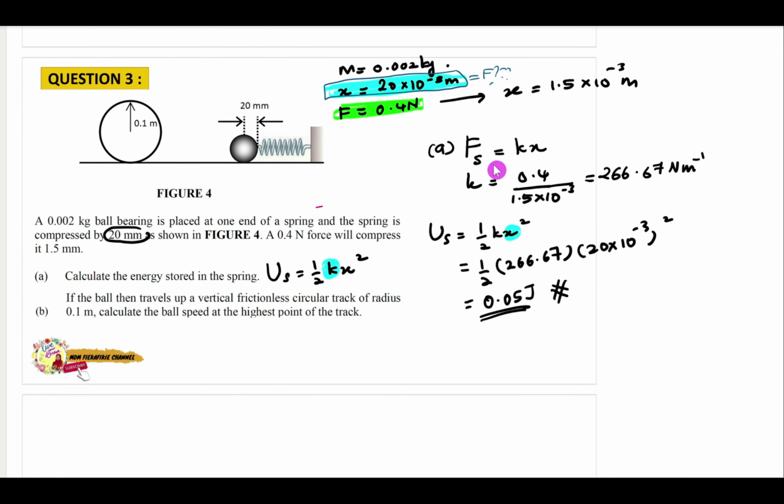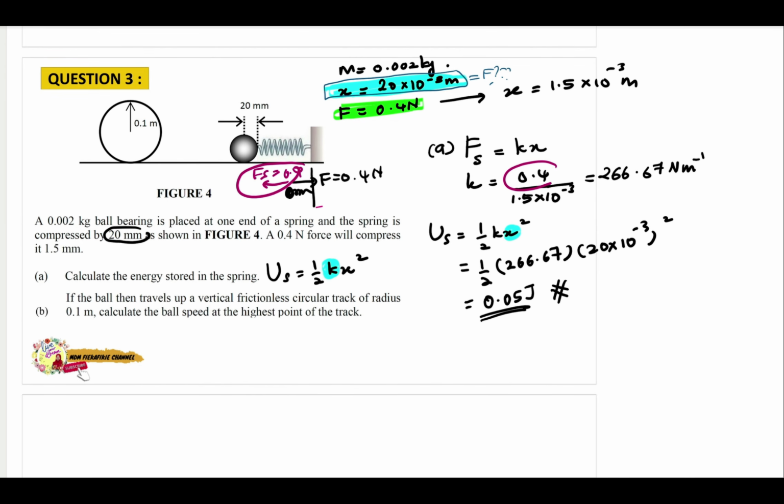So, bila spring itu compress by 0.4 Newton, contohlah, kan kita lukis macam ini, okay. Kalau spring itu compress in this direction by the force of 0.4 Newton, okay, means that dia punya restoring force must be opposite direction. Nilai dia bila dia nak restore balik, mestilah sama lah 0.4.